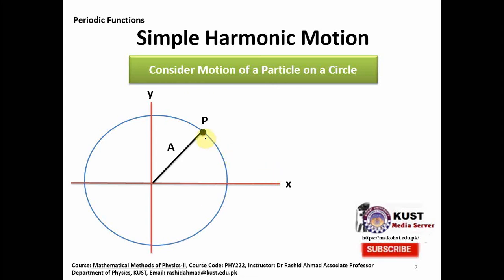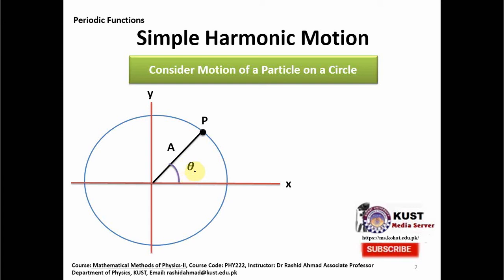So now we have constructed this geometry where the point P is moving on the circle, and there is a Cartesian, rectangular coordinate system going through this circle in order to make a mathematical model for the description of the motion of particle P. Let's say this particle P is making an angle theta with the x-axis, and this is also called angular displacement.